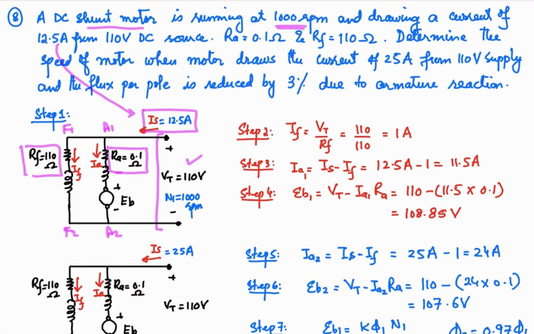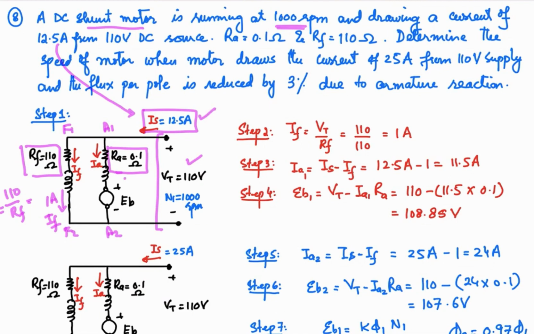Now we are going to find out the field current as we did in the last example. So IF is equal to VT by RF. So 1 ampere is the current that is going to flow in the field winding, and that is simply determined by dividing the voltage by the resistance. So that is 1 ampere, the field current IF. Now the total current known to us from this supply is 12.5 amperes.